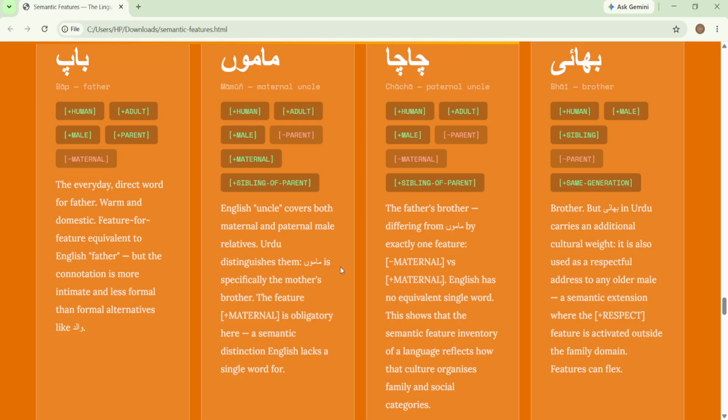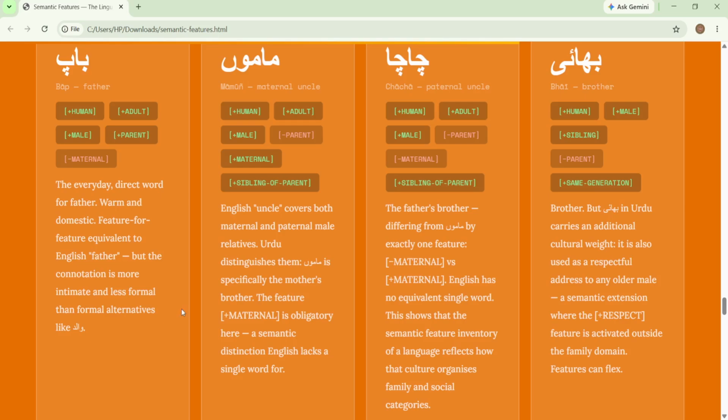Urdu distinguishes them: mamu is specifically mother's brother, whereas chacha is father's brother, specifically father's younger brother. For older brothers there is another term, which is taya. So the feature maternal is obligatory here, a semantic distinction English lacks.